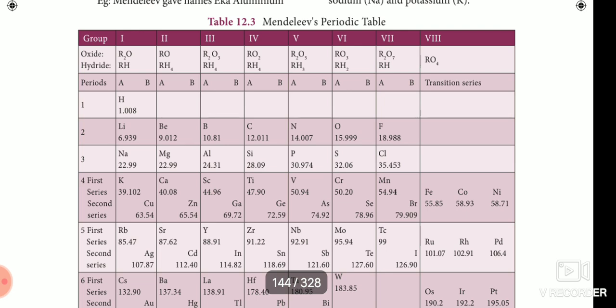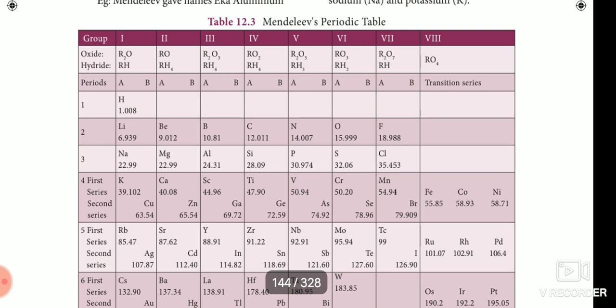Then the arrangement of elements in increasing order of atomic mass is not followed for cobalt and nickel, and tellurium and iodine. Cobalt Co and nickel Ni are in the eighth group.